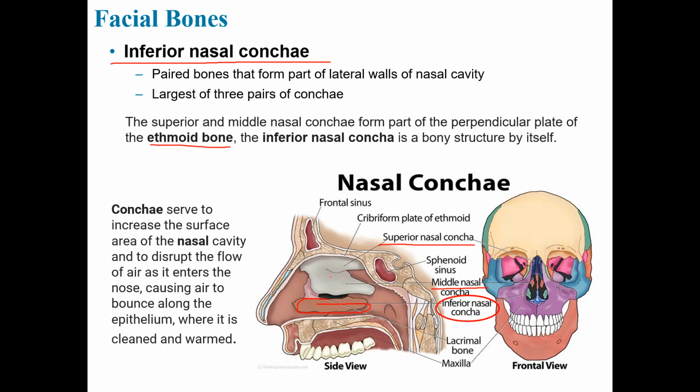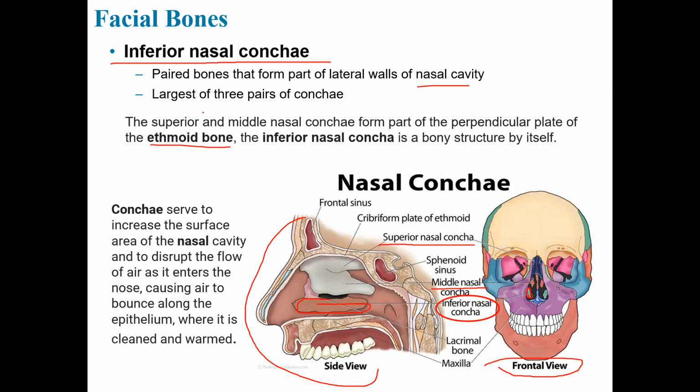Whereas the inferior nasal conchi, it's a bone on its own. And so a paired bone that forms part of the lateral walls of the nasal cavity, okay? Inferior nasal conchi mid-sagittal view. Over here, this is a frontal view. And here you can appreciate over here, this bone, okay?